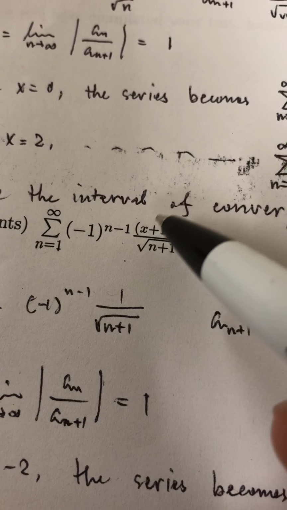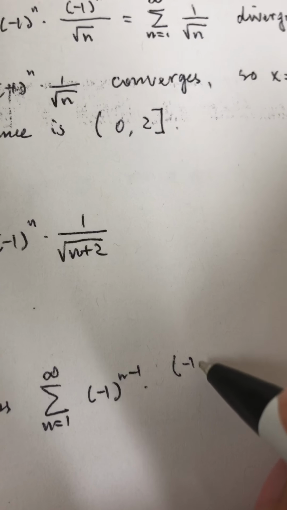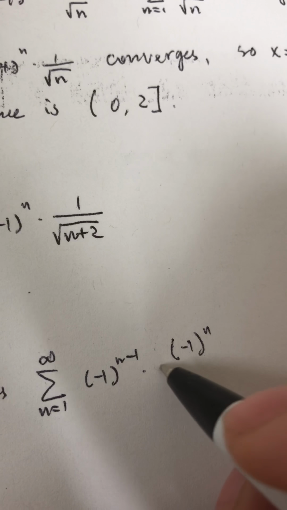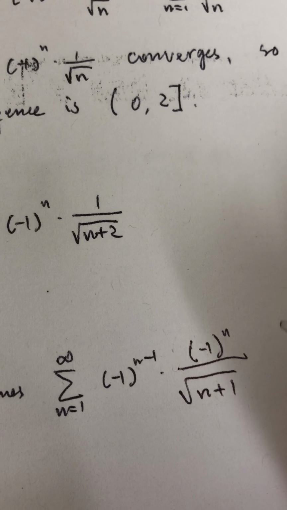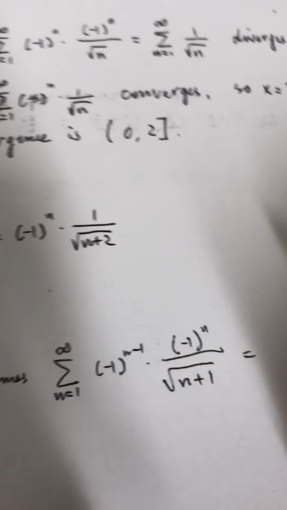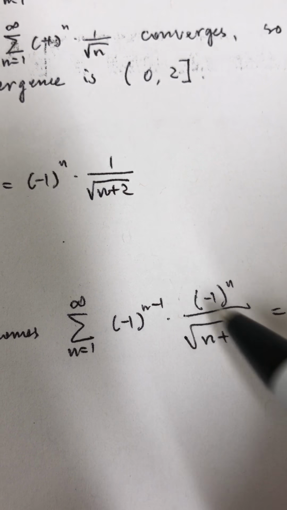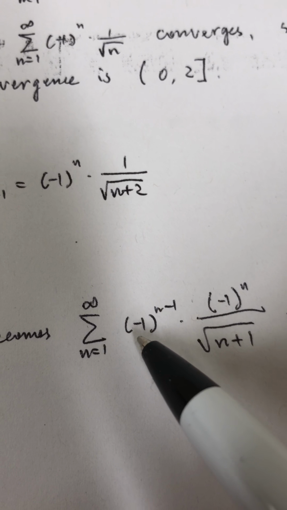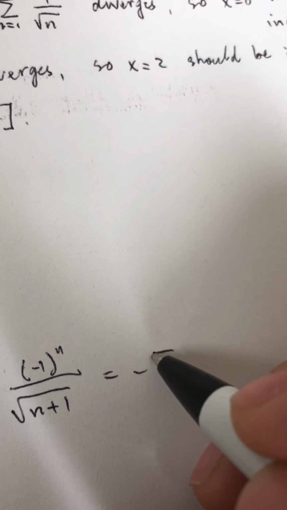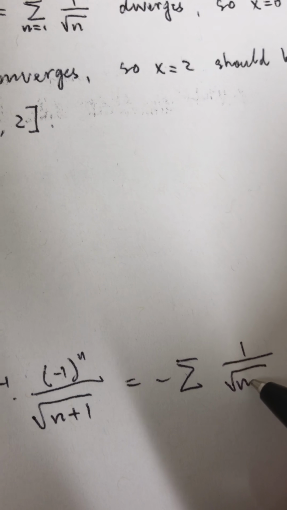So that's negative 1 to the power of n, divided by square root of n plus 1. Now what is this? Negative 1 to the n minus 1 times negative 1 to the n. It's always negative 1. So it becomes negative 1 over square root of n plus 1.